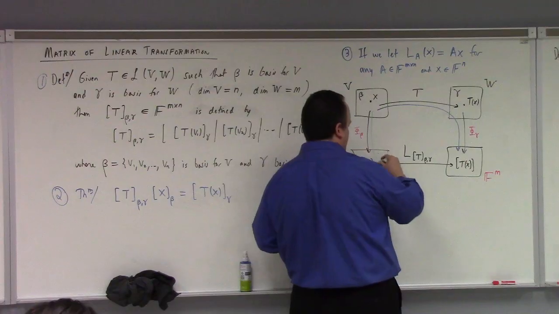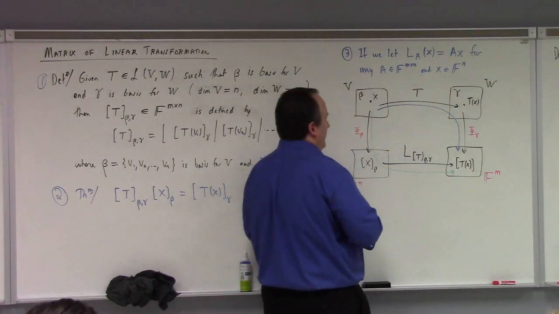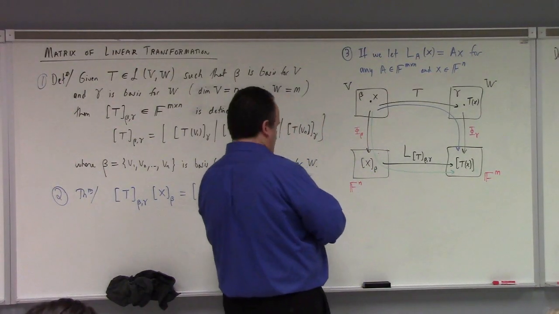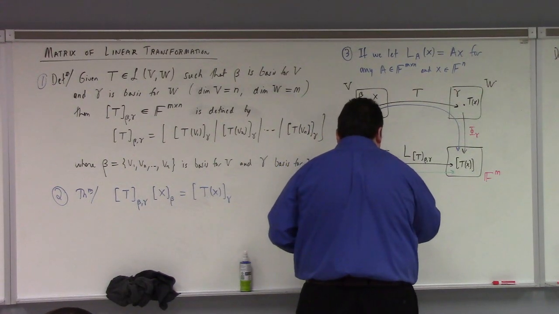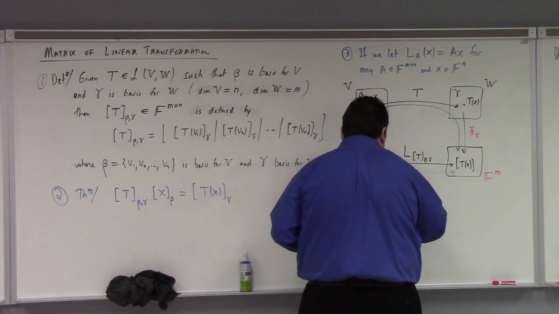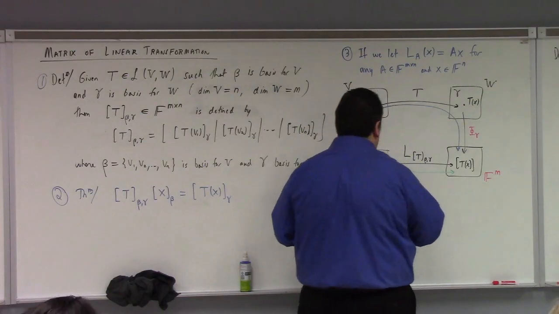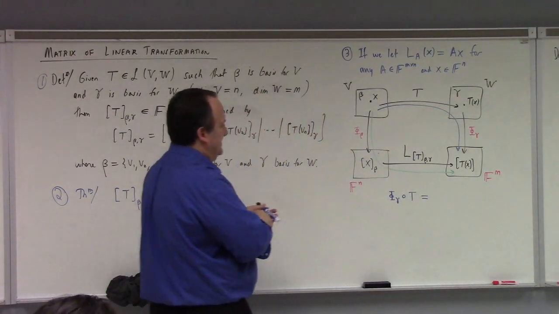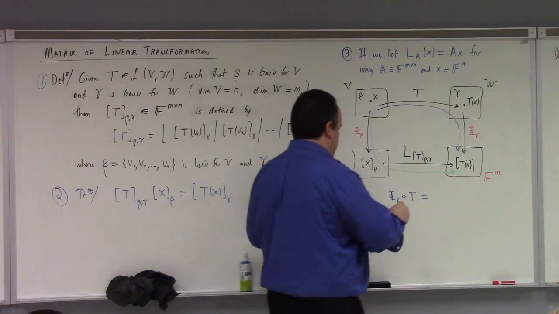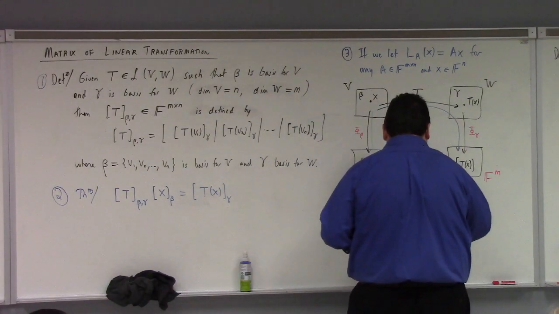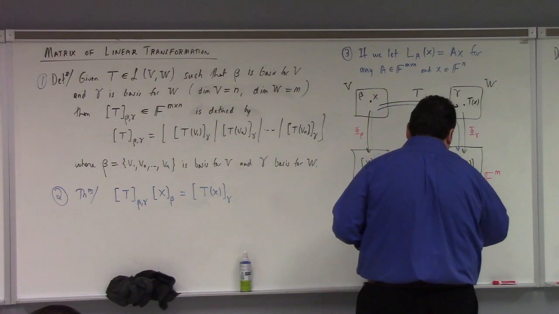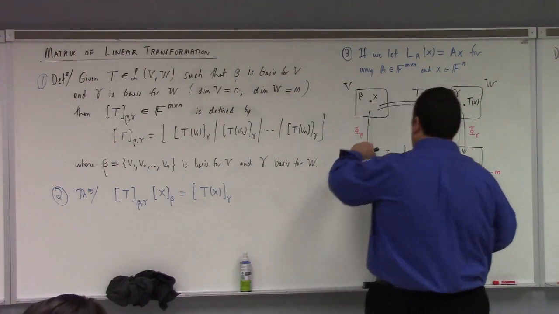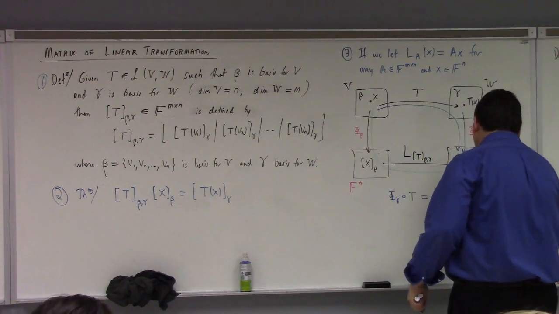All right? So in other words, phi gamma composed with T should be equal to left multiplication by T beta gamma composed with phi beta.